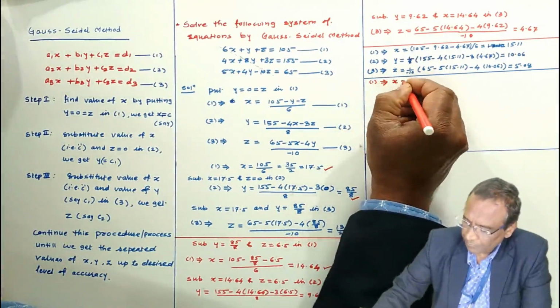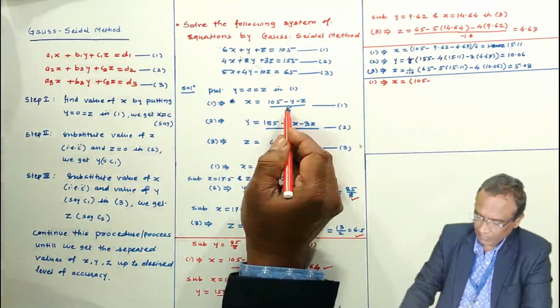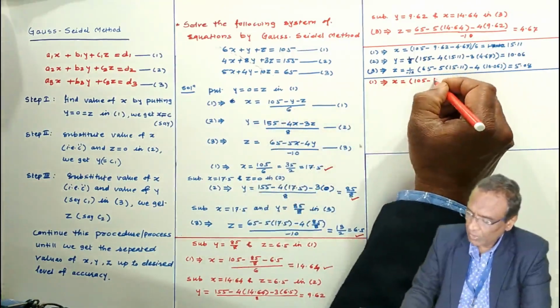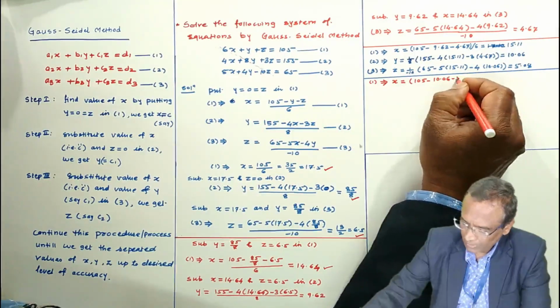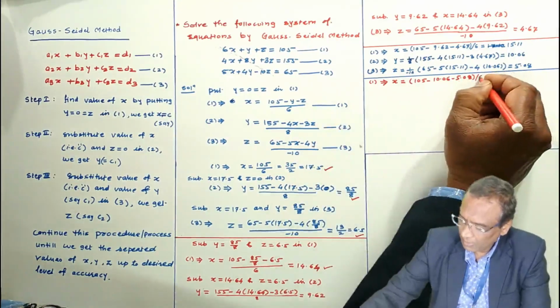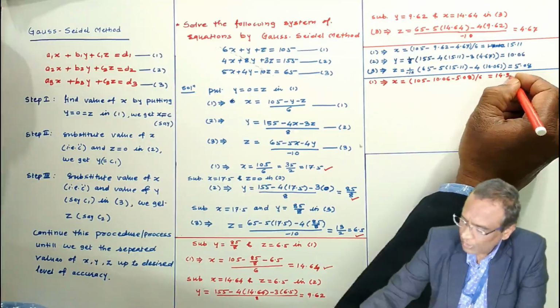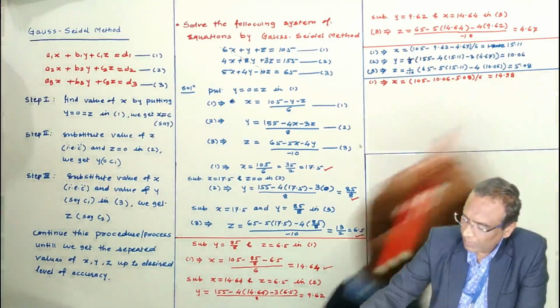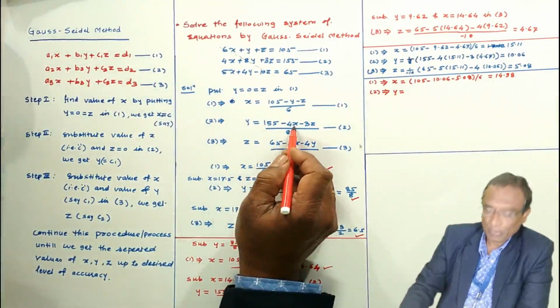Equation 1 now. Substitute values of y and z in equation 1. What is y? Latest value is 10.06 minus z is 5.08, and this divided by 6, and the value of x is 14.98. Then substitute in equation 2 now for y.